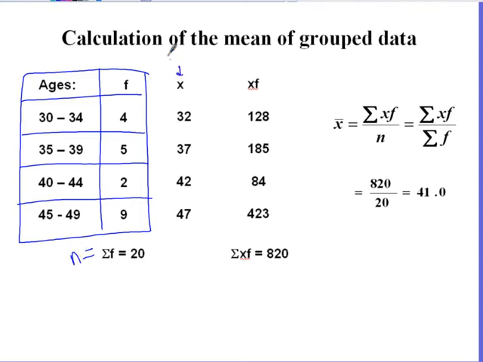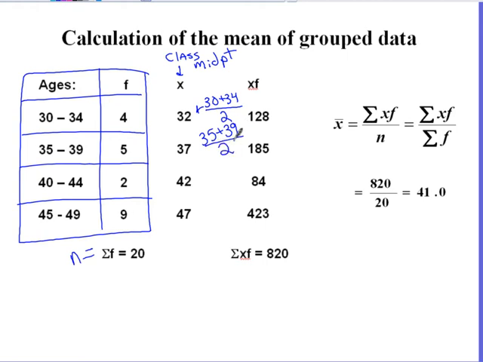Okay, x are your class midpoints. So I got this 32 by taking 30 plus 34 divided by 2. I have this 35 plus 39 divided by 2. That's how I got 37.